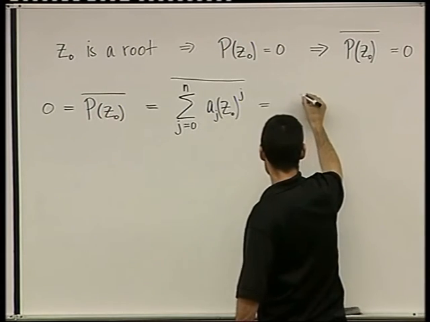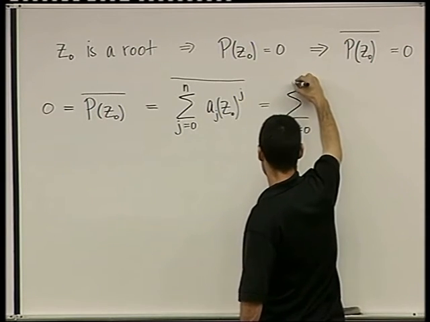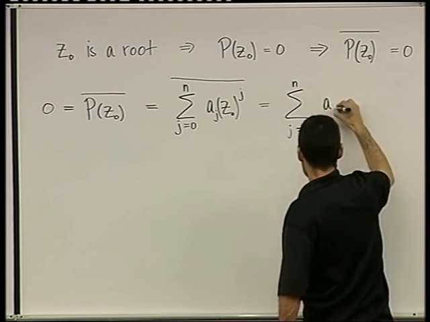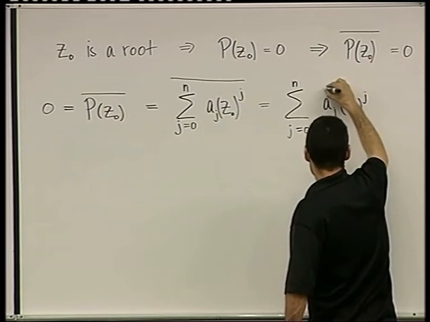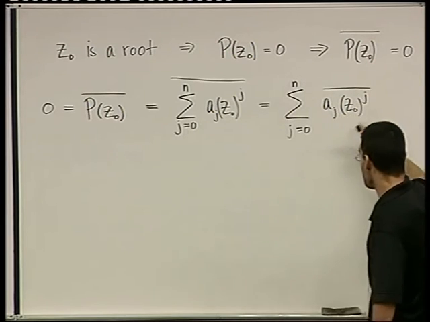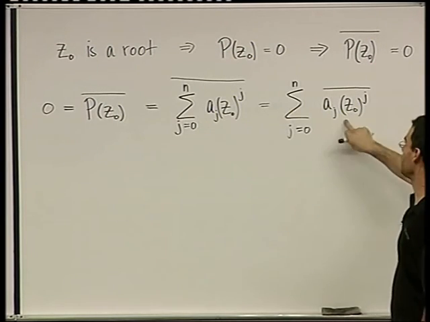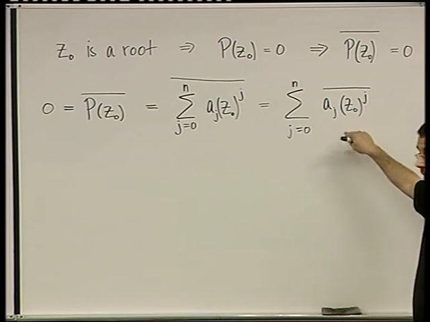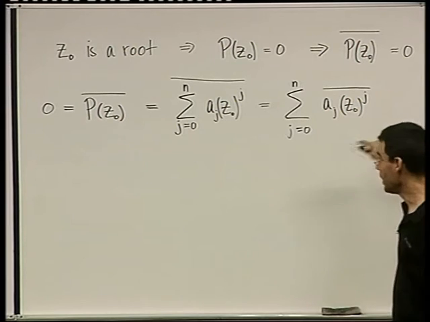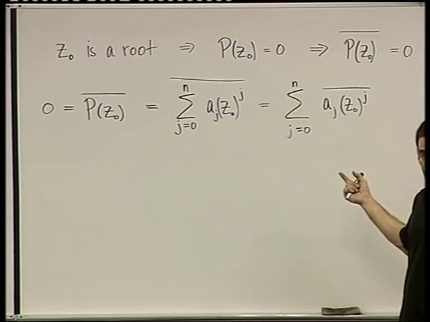So this is the same as the sum, j equals 0 to n, of a_j z0 to the power j, and now the bar is on each term separately. This bar for j equals 0, plus this for j equals 1, plus this for j equals 2, etc. So it's bar plus bar plus bar plus bar, instead of bar on the entire sum. Good, everybody with me? Great.